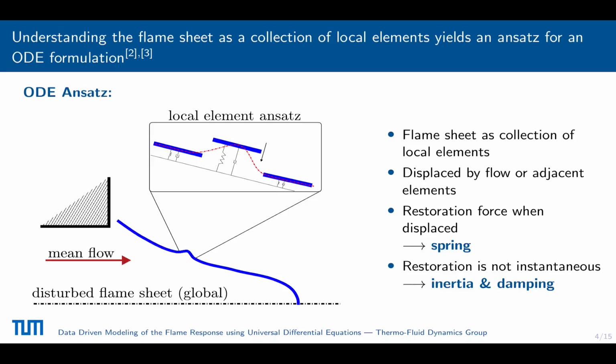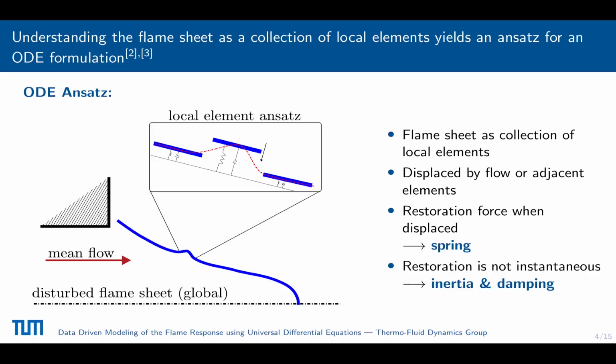Each local element can be displaced by flow perturbations or by the position of adjacent elements. If the element to the left of our current element, so this one here, is displaced, this will also lead to the displacement of the next element downstream, just because the global flame sheet is a continuous phenomenon.